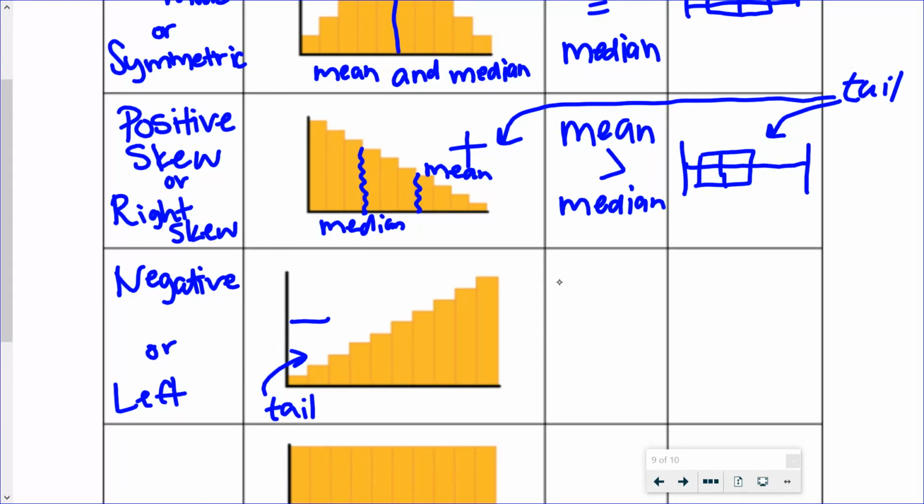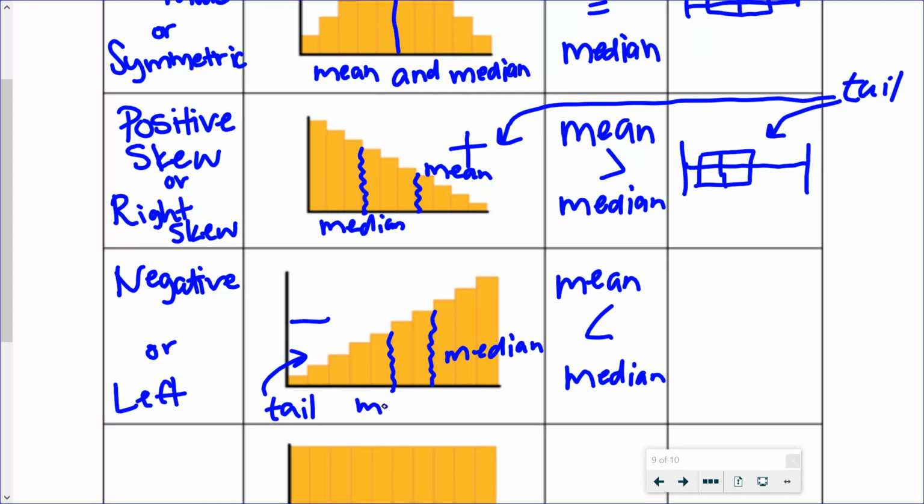And our sign is going to flip. So in this case, our mean is going to be less than our median. So our median is going to be over here somewhere when you're finding that exact middle, but our mean is going to get pulled in the opposite direction.